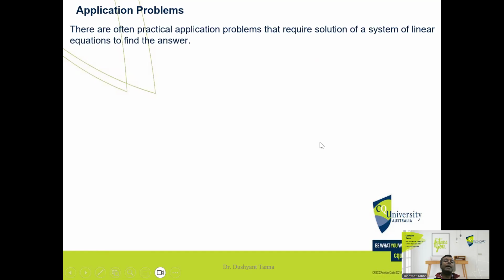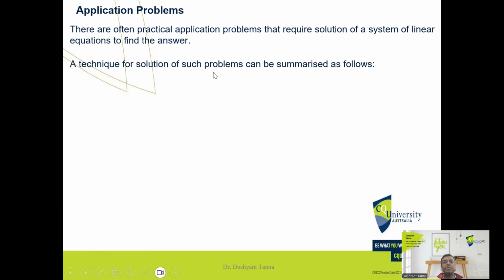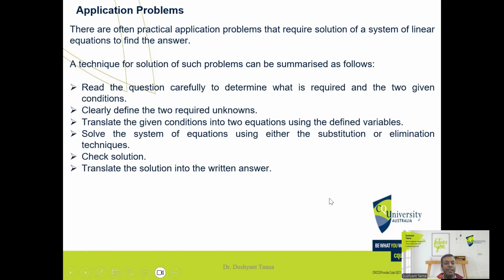There are often practical applications of problems that require a solution of a system of linear equations to find the answer. They can be summarized as below. Read the question carefully. That's called mathematical modeling, where you convert a real life situation into mathematical equations, solve it, and put the solution into words so it makes sense.